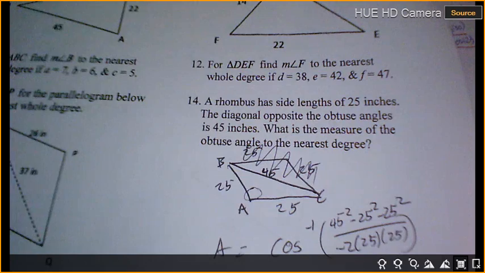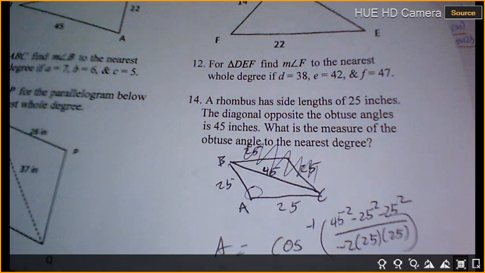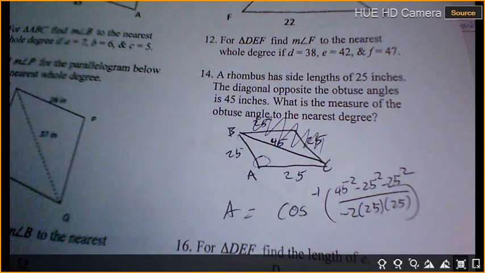And again, I find this much easier to put into my calculator. If you want to put this into your phone, because I haven't showed you one like this, you're really just doing the top first.